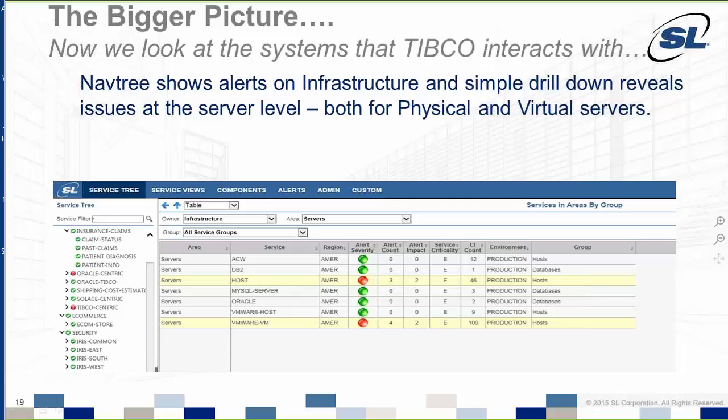It's really important to remember that it's not at all uncommon for support groups to spend hours trying to understand why they've got an intermittent problem with either an application server or an integration server or a messaging server, only to find out that that intermittent problem was caused by changing load on the underlying VM.